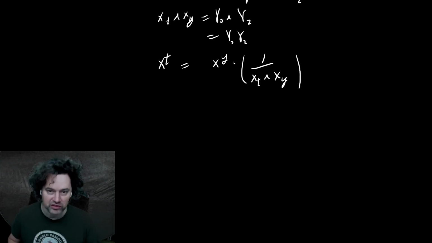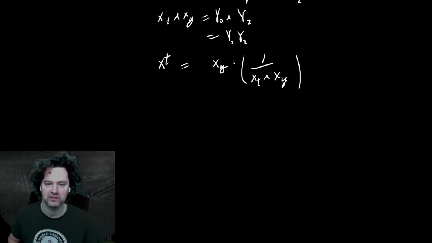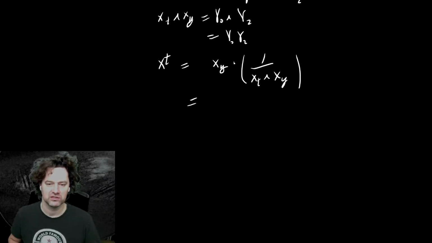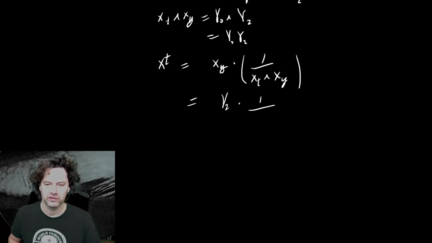And I've mixed up my indices here. We should have a downstairs index. We don't know what x upper y is yet, but that's what we want to compute. And x_y is just gamma 2, and we have 1 over gamma naught gamma 2.